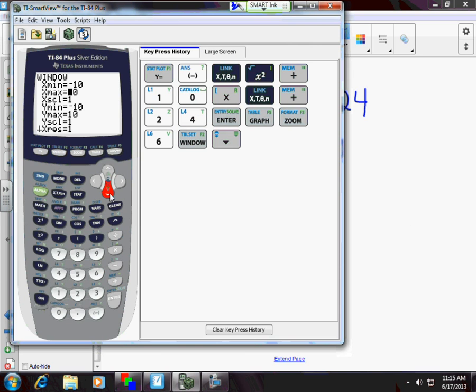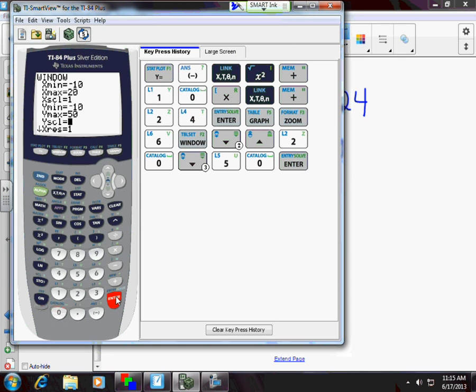Let's increase our x to 20 and increase our y to 50. If you remember from a previous video, that was the window we used to see a good piece of the graph. And now we'll press graph.